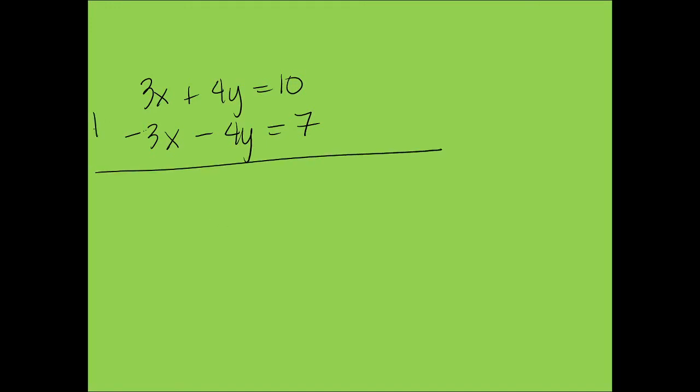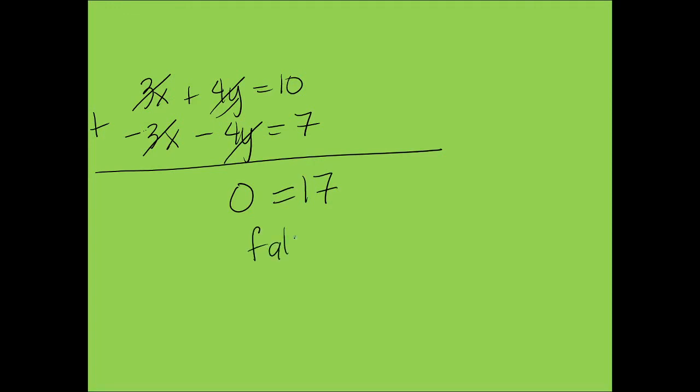Okay, I'm going to give you another one. What if, sir, the resulting is simply this? 3x plus 4y equals 10. The other one is negative 3x, negative 4y equals 7. Do they have opposites now? Oh, yes. Sir, x is eliminated, y is eliminated. 0 equals how much? 17.